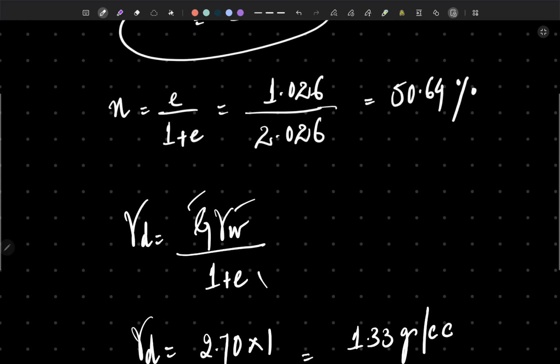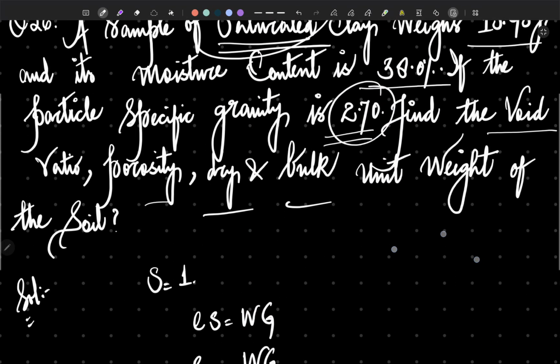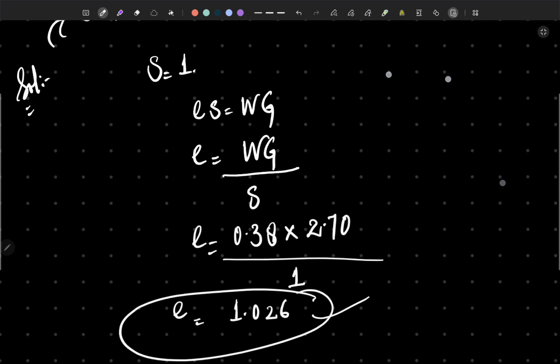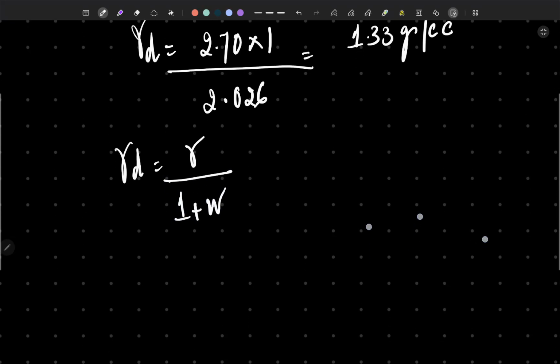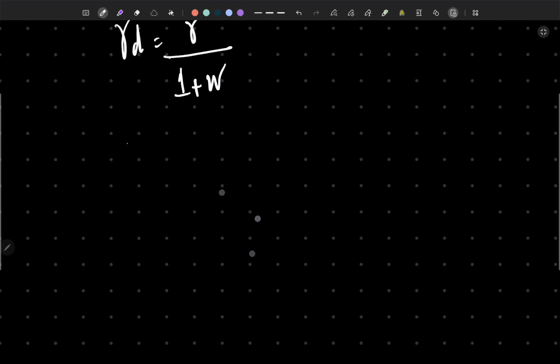The last thing that we need to find is the bulk unit weight. I'll be using this formula, the one which relates the dry unit weight, the bulk unit weight and the water content. So dry unit weight 1.33, and water content we know, 38%.